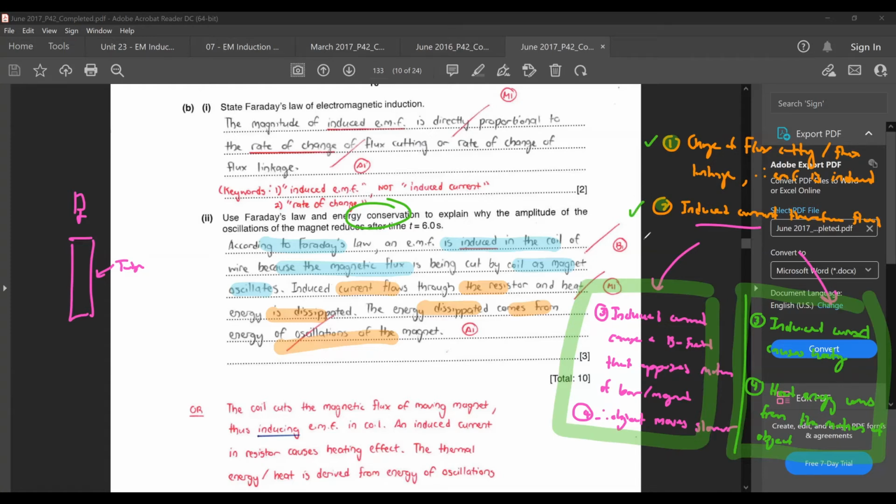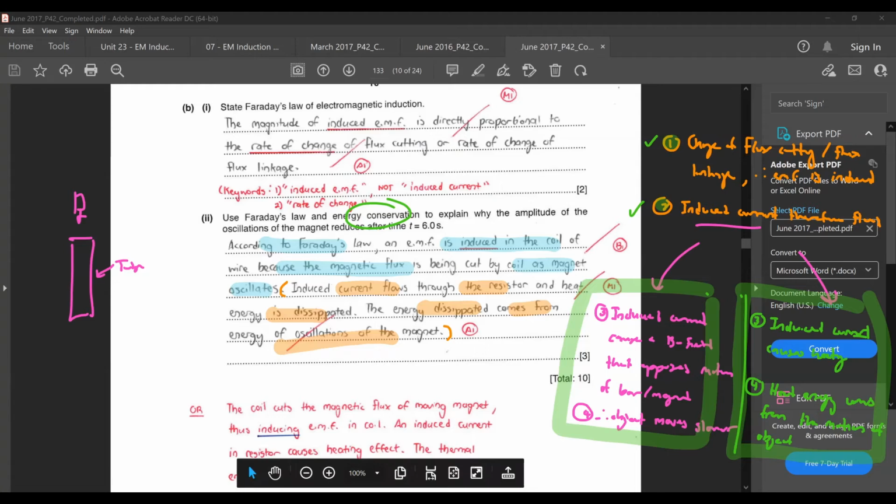You're basically trying to explain where your induced EMF and induced current came from, and then it's from there that your answers will start to diverge depending on the context of the question. So this part here is where it diverges. What was somewhat different is the parts highlighted in orange here.